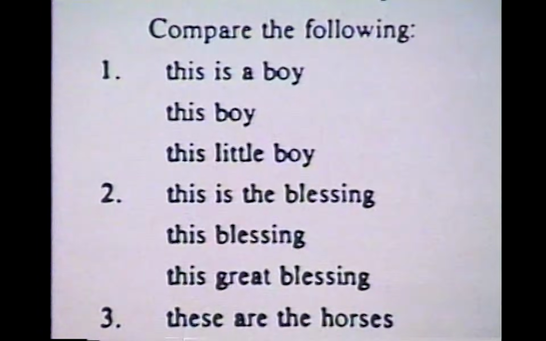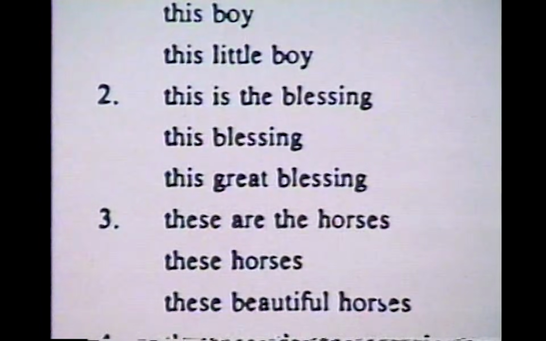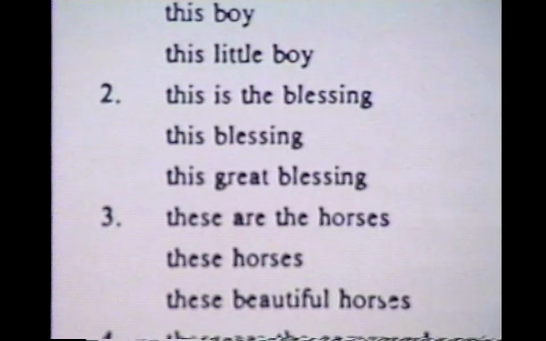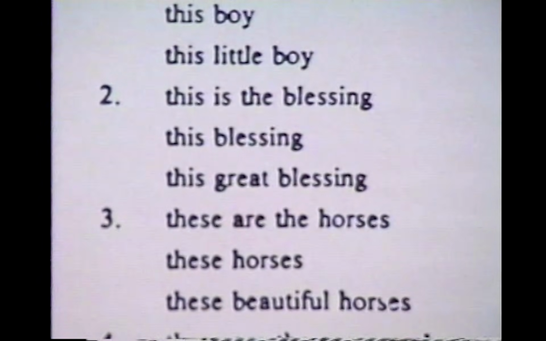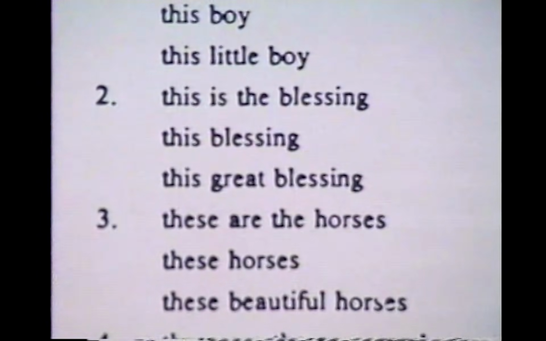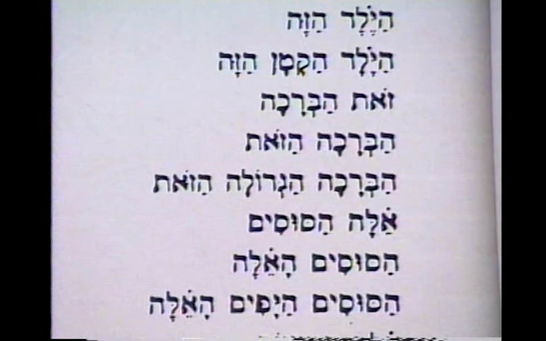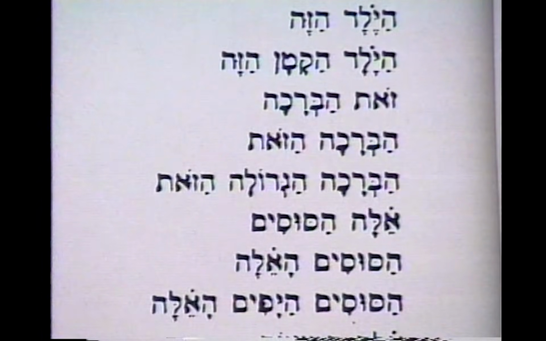All right, let's also go over here to number 2, and we'll look at all 3 of those together. This is the blessing, this great blessing. All right, now let's see how those 3 would be expressed in Hebrew. We would begin by saying Zot ha-beraka.